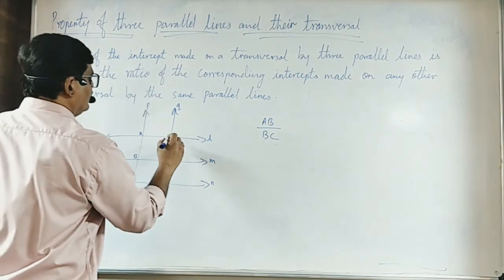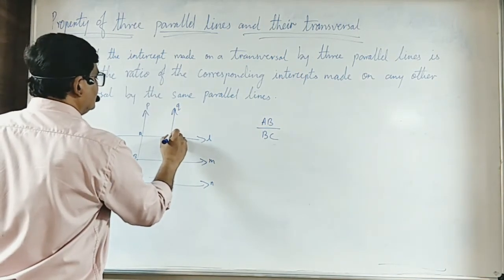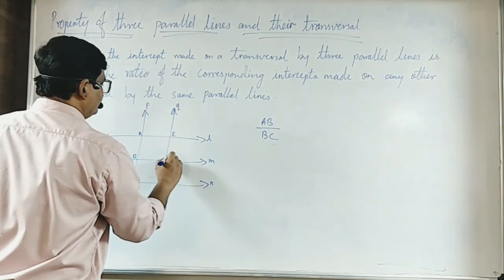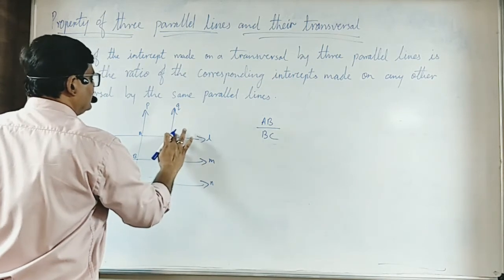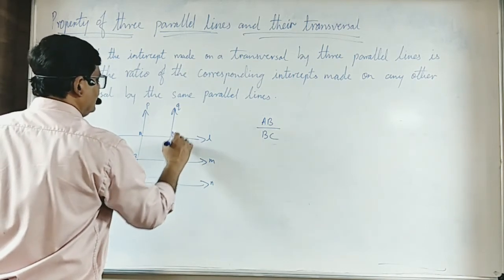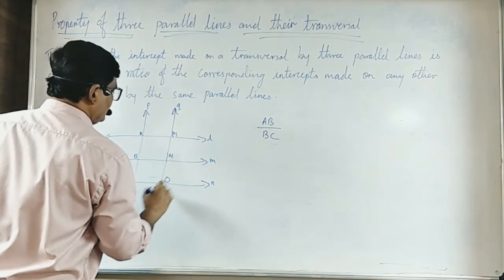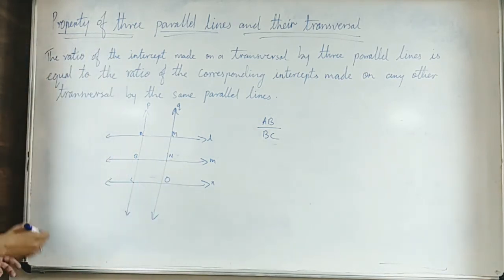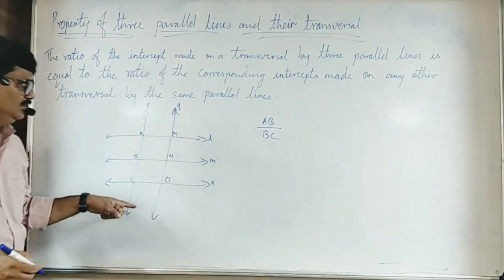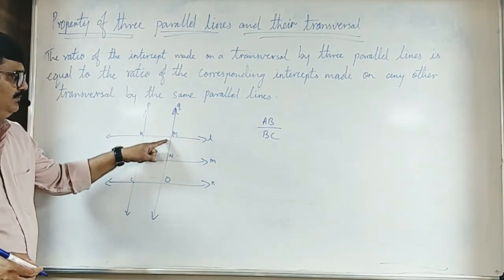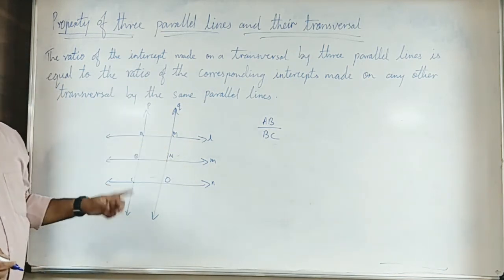Over here I can have M, N, and O. This is your transversal Q, and it is making intercepts M, N, and O.